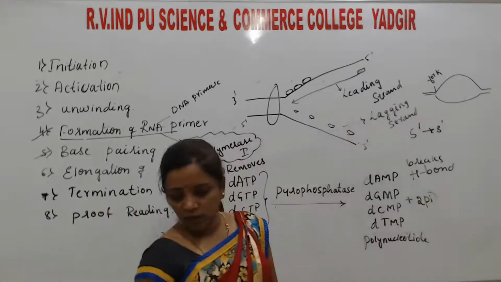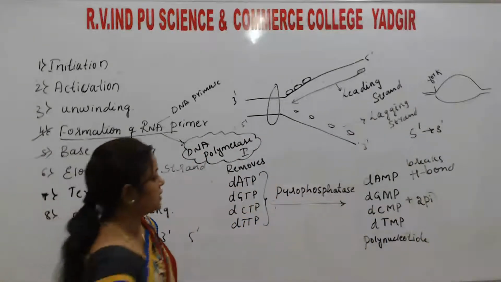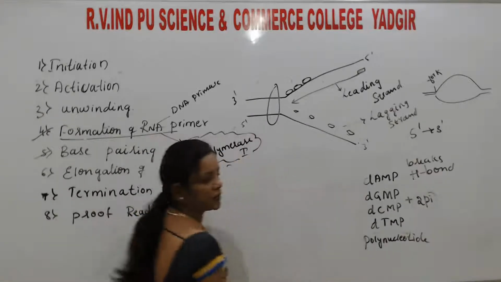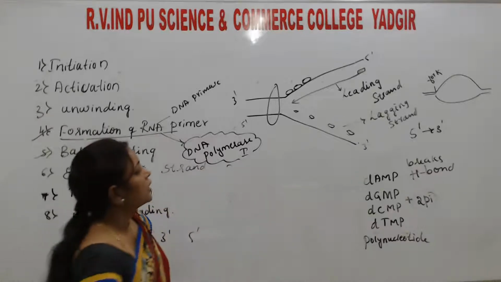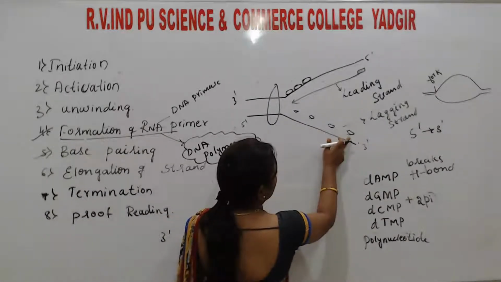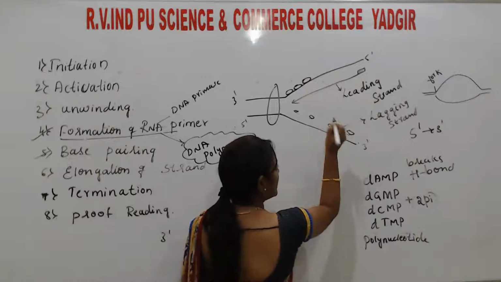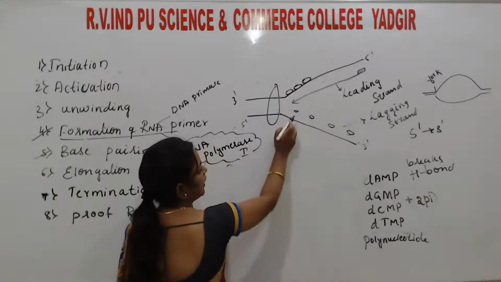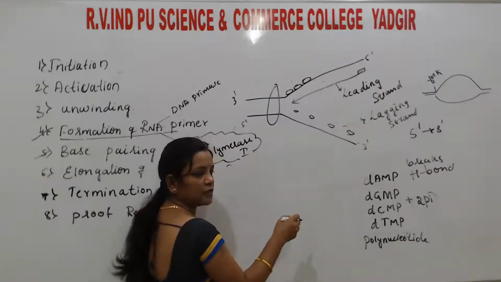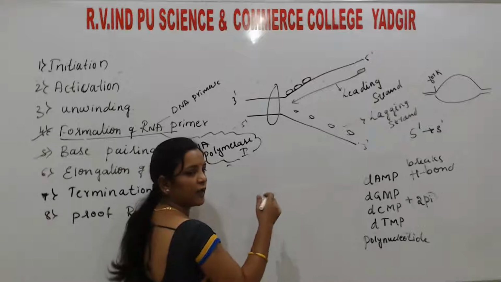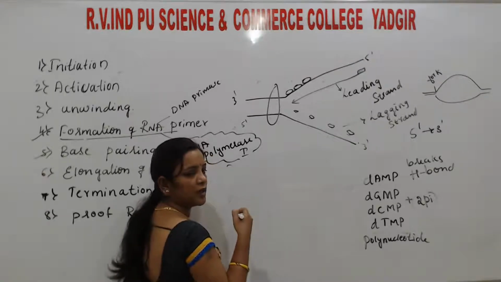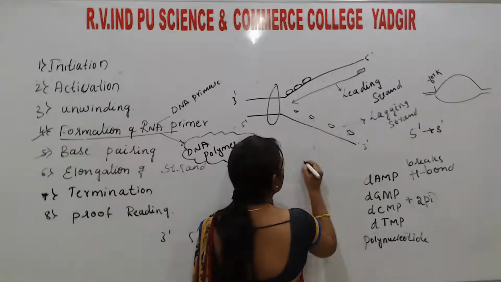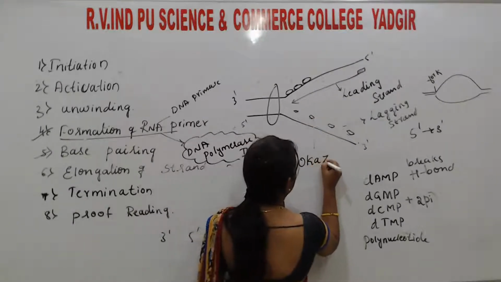Now, the lagging strand you are seeing does not have continuous formation. Each fragment is formed from its own RNA primer. We have to remove the RNA primer using DNA polymerase 1, and now these will form the Okazaki fragments.